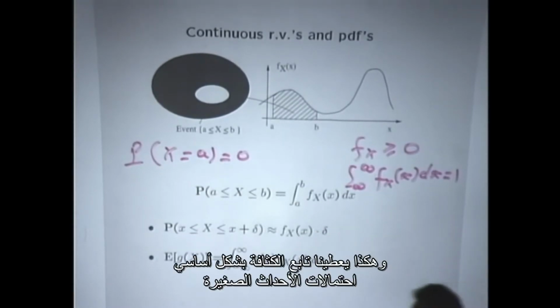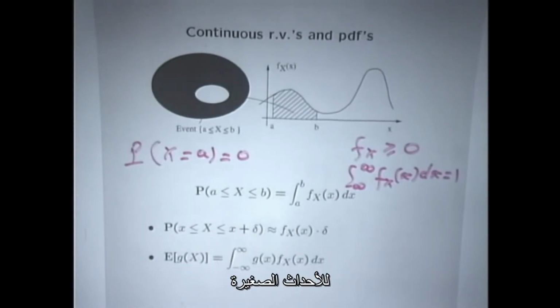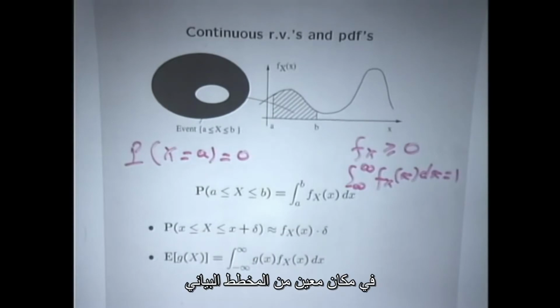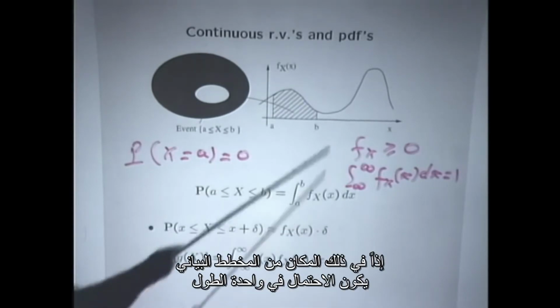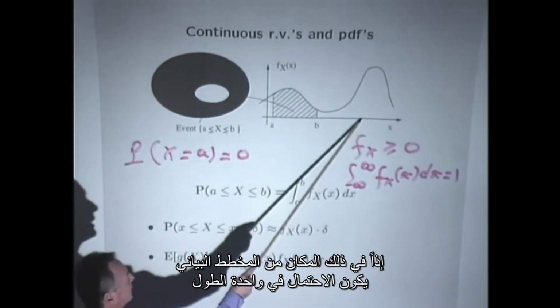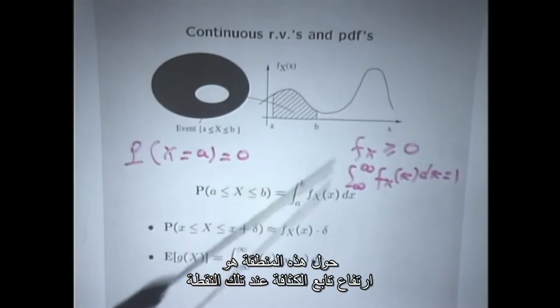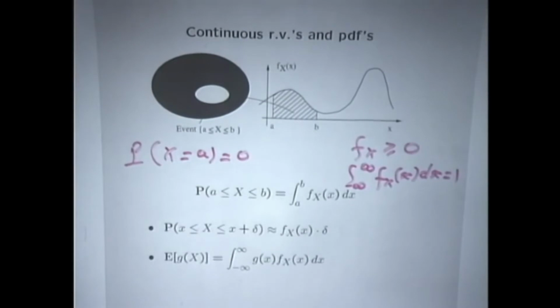And so the density function basically gives us probabilities of little events, of small events, and the density is to be interpreted as probability per unit length at a certain place in the diagram. So in that place in the diagram, the probability per unit length around this neighborhood would be the height of the density function at that point.